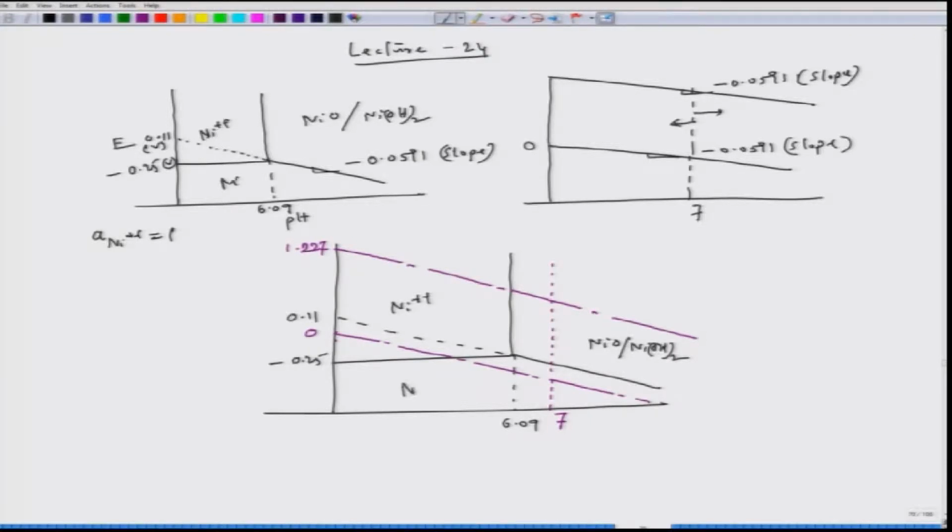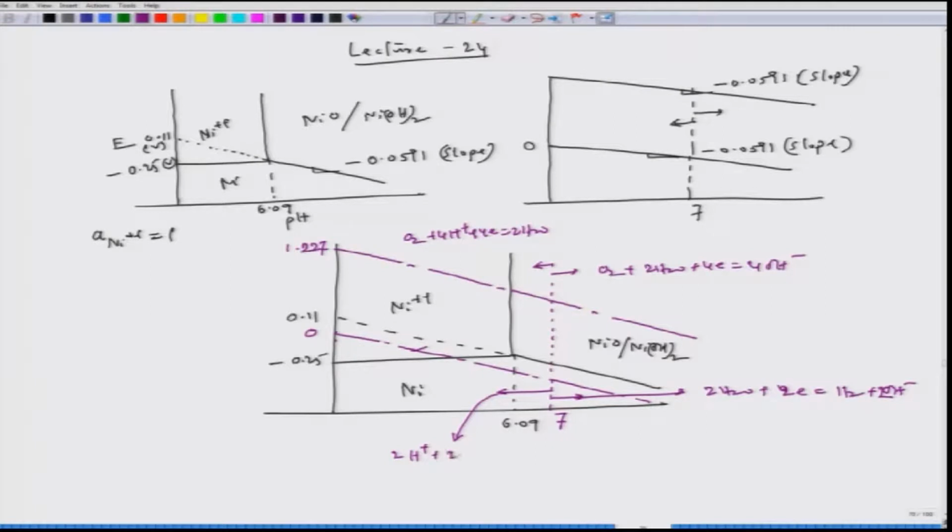This region is Ni++, this is Ni, and now before this, beyond this, and then here also we get this reaction. On the left side this line, H2.